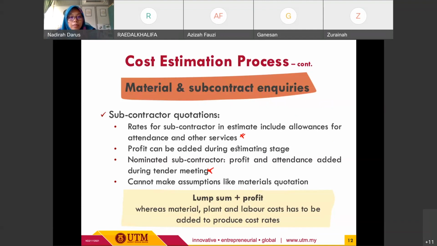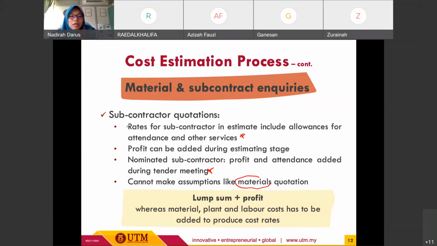And if we compare with this subcontractor quotation, in terms of the estimation or calculation, the estimator cannot make any assumption like with the material quotation. They still need to wait for the subcontractor quotation to proceed with the estimation.